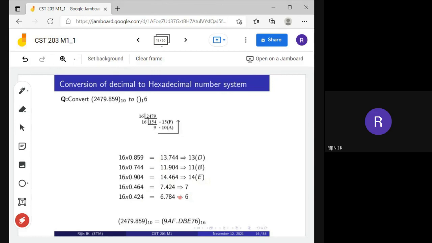So this is the hexadecimal number after converting. That is, 2479.859 is equal to 9AF.DBE76. So this is how we will convert a decimal to the hexadecimal number system.